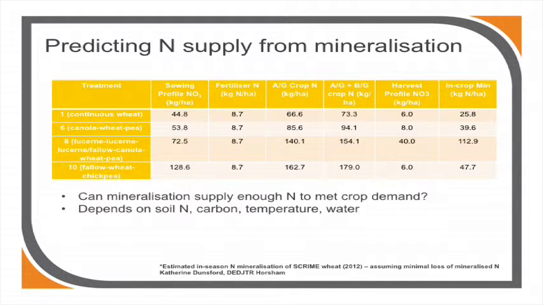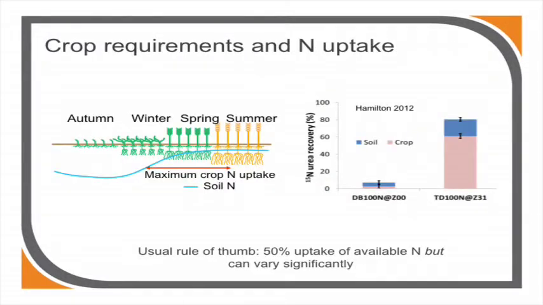As I mentioned before, we've got mineralisation. We've also got the question of how much nitrogen the crop actually requires. How much can it actually take up in a given year? Historically, our rule of thumb that I was always taught, at least, was that to grow a tonne of wheat takes about 40 kgs of nitrogen per hectare.